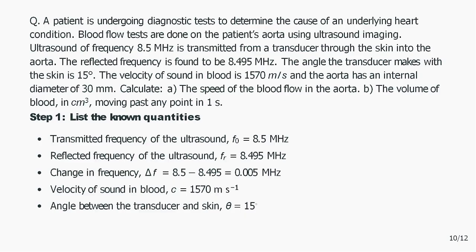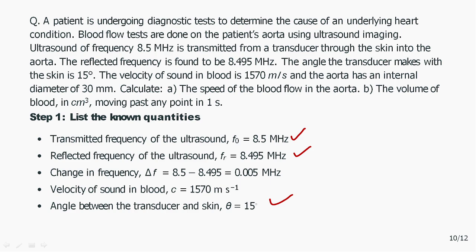So the transmitted frequency is 8.5 MHz. Now the reflected frequency is found to be 8.495 MHz. Once it has traveled through the blood flowing through the aorta, it is reflected back, and the frequency we capture is 8.495. The angle the transducer makes with the skin is 15 degrees. In this case, theta equals 15 degrees.